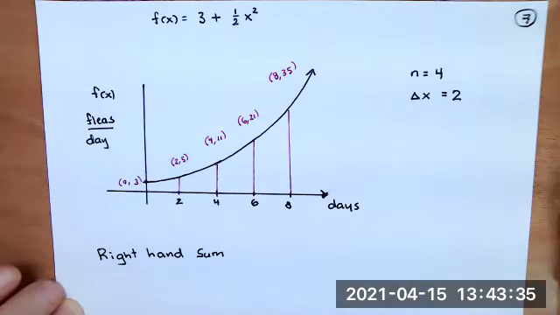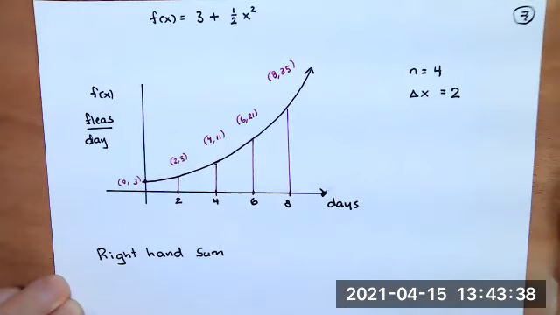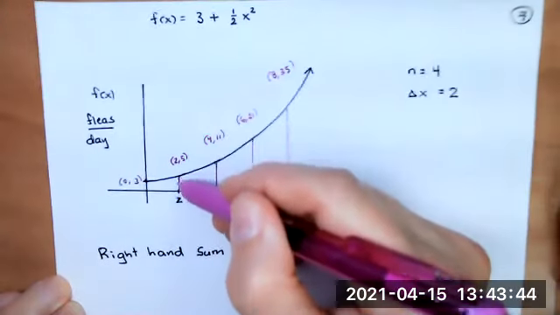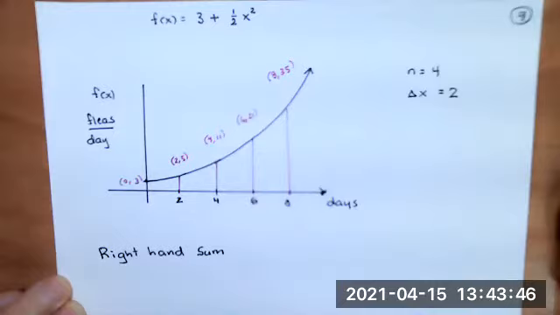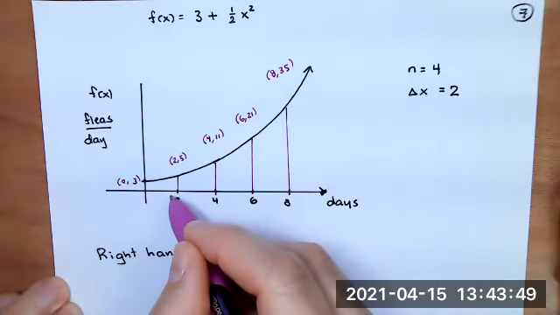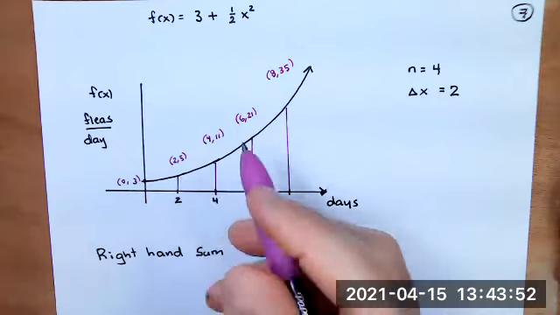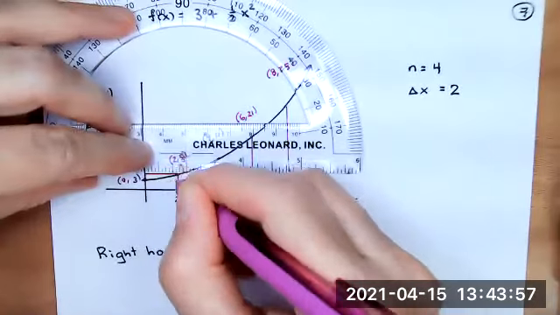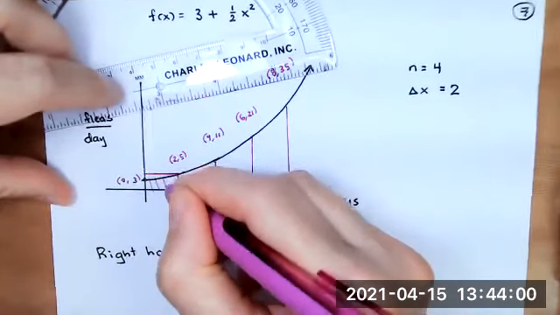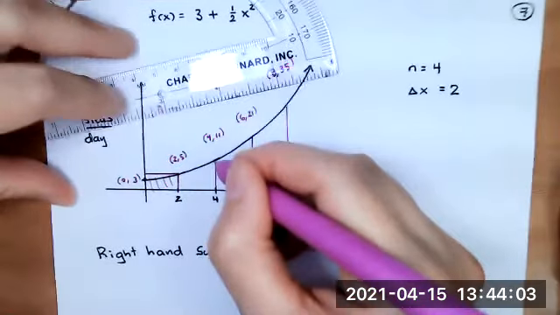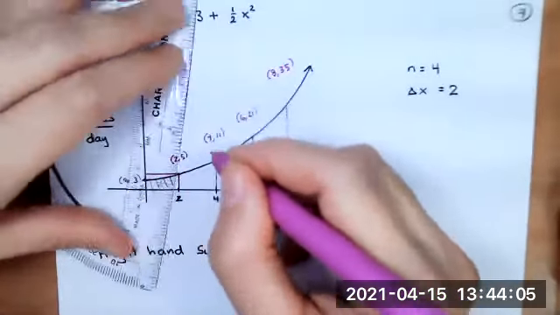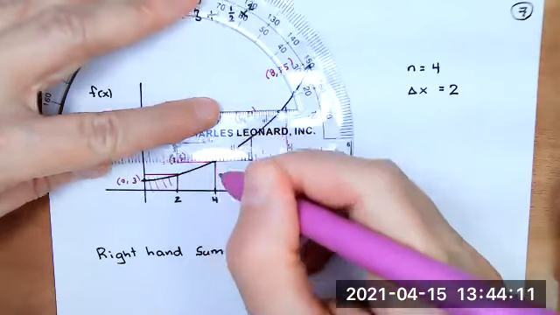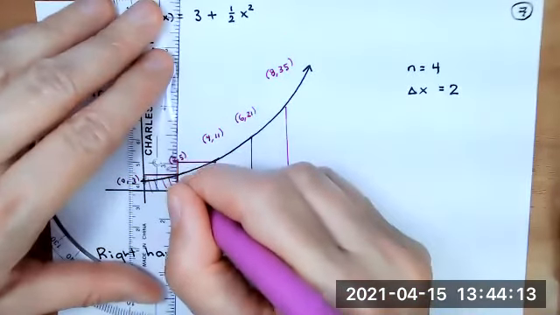All right, now we're going to find the right-hand sum. That means for each interval, we're going to use the height from the right. So going from 0 to 2, we're going to use this height, which will be finding the area of this rectangle. For the second one, we're going to use the height on the right-hand side of the rectangle.